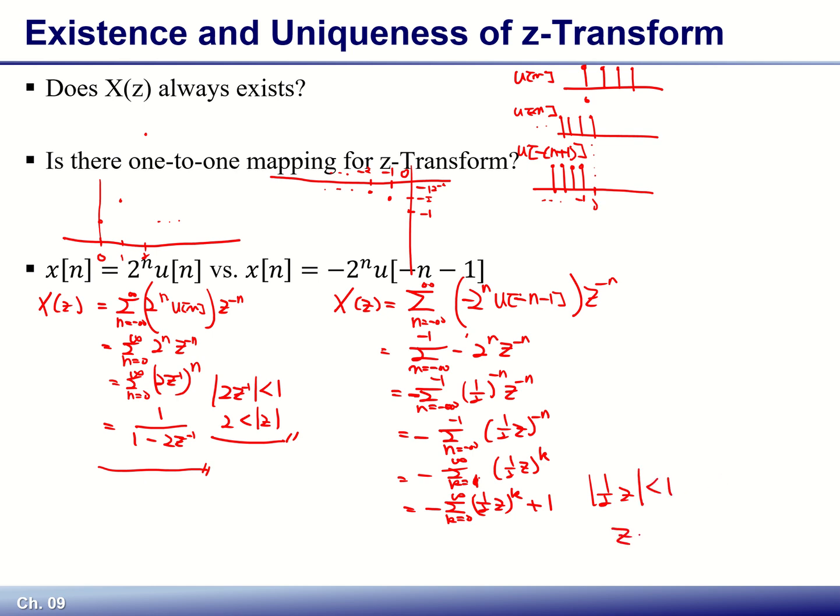So z should be less than 2. So it will be minus half z times the sum, and when you change this, it will be 1 over 1 minus 2 z to the minus 1.